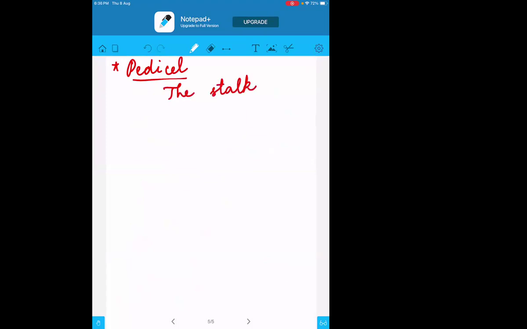So the holding part of the flower is sometimes also called the stalk. It helps to hold the flower. That is the function of the pedicel. Then the next part is the receptacle.